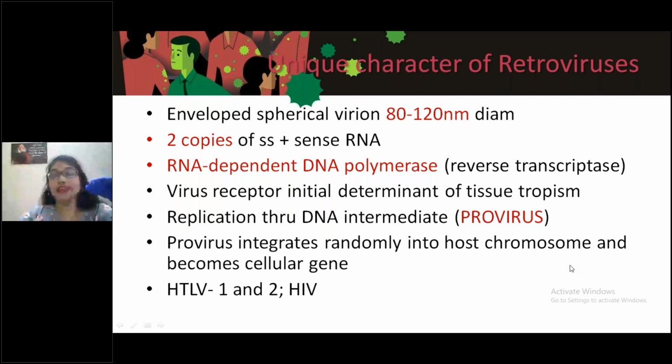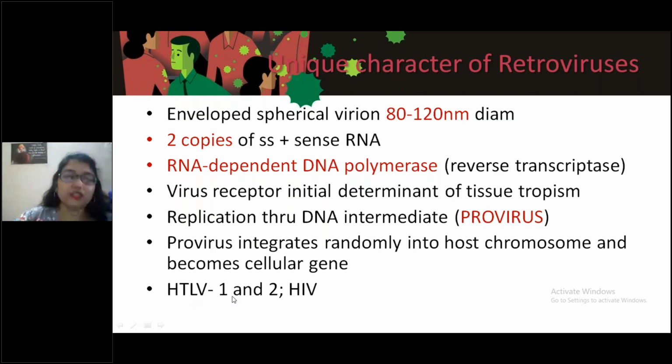You might have seen that some patients are initially infected and sometimes may have something like a flu, but later on it changes into AIDS, and then it takes from 10 to 30 years for this progression to happen. That is because this provirus integrates randomly and from time to time helps in the replication of the virus, and that is why this happens.